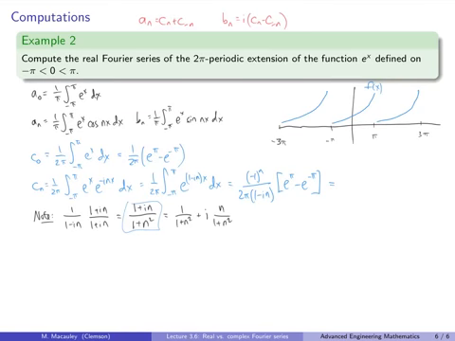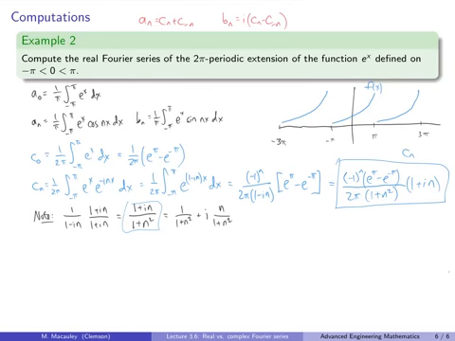So I'm going to write this Cn as negative 1 to the n times e to the pi minus e to the minus pi. At the bottom it's 2 pi times 1 plus n squared. That's all real. And now I'm going to multiply this by 1 plus in. Okay, so this is Cn.